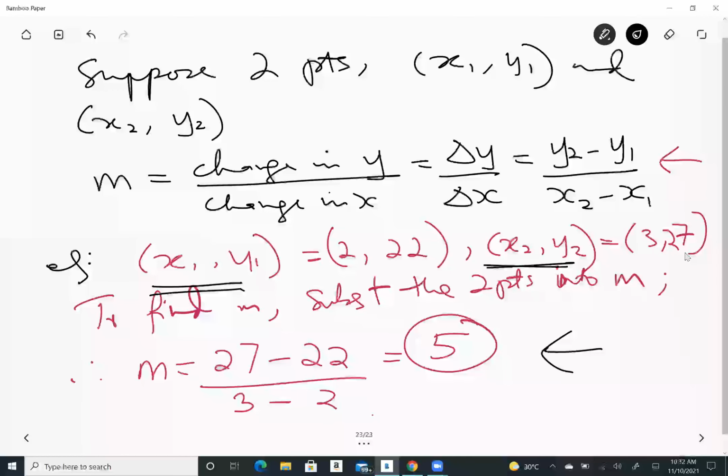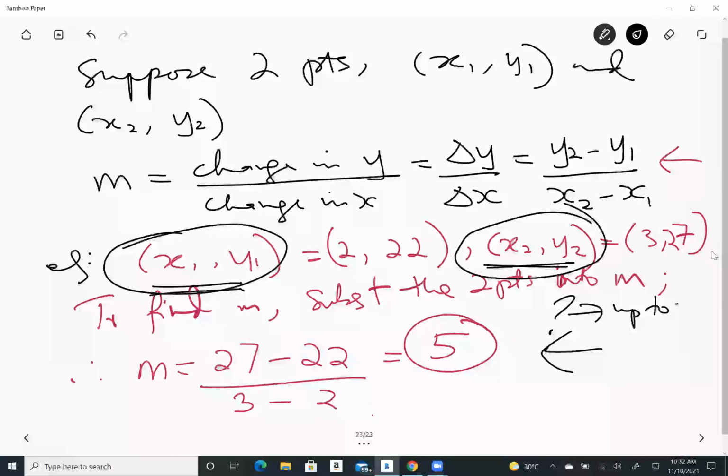Because it's a change, if you do that, you will get the same value. So the choice of x1, y1 is not fixed. It's arbitrary. Arbitrary means it's up to you. How you choose, it's up to you. But it must be consistent with the formula.